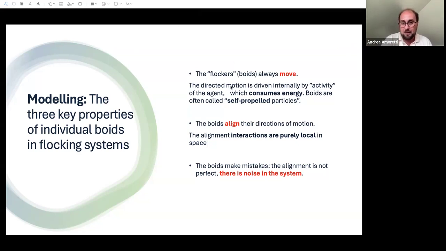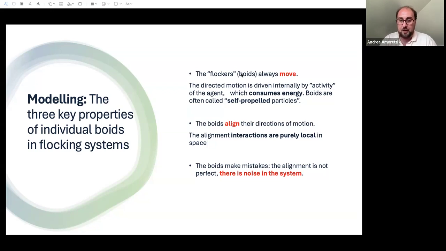The first one that we always have, as we've seen before with Escherichia coli, is that the flockers, the boids, are always moving. In the sense, as I told you, that the activity makes the system out of equilibrium. So one considers that the boids cannot stop.